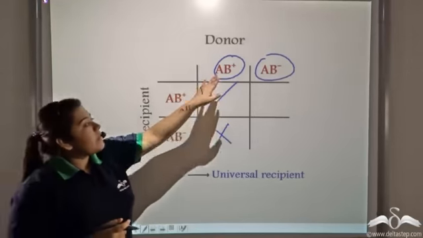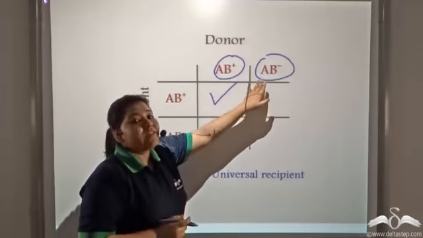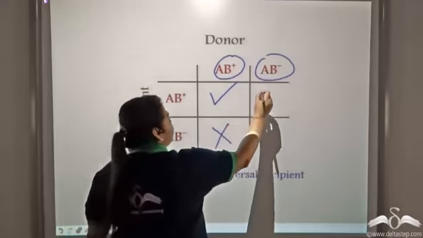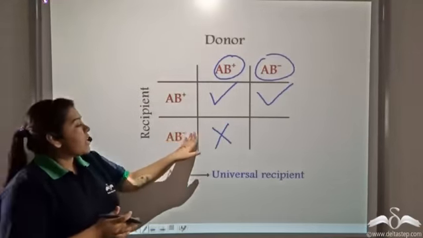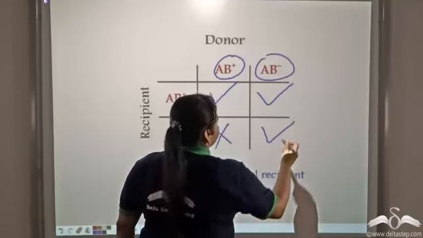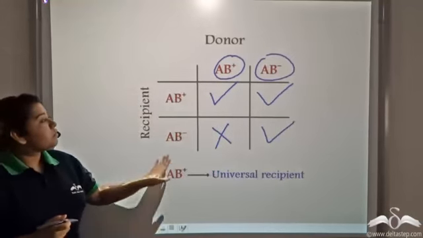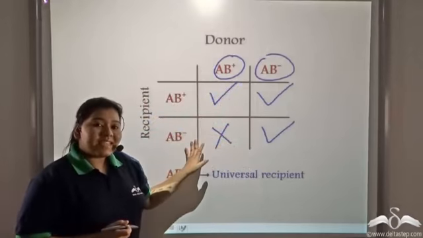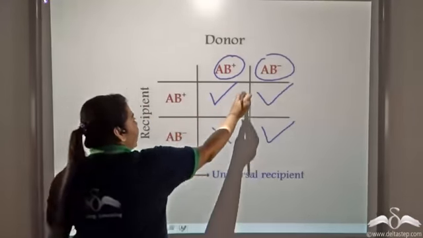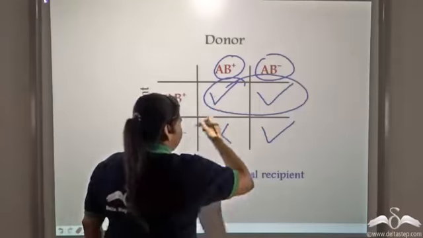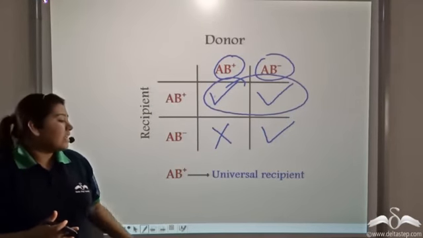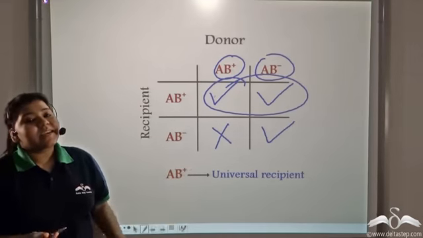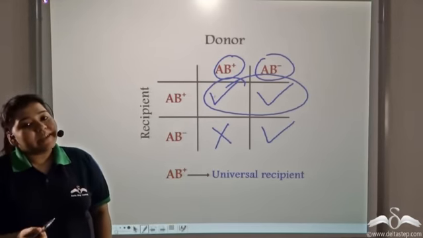Now, an AB negative donor can give his blood to an AB positive recipient, and he can also donate his blood to an AB negative recipient. So from this chart, you can easily find out that AB positive is the universal recipient. That is, a person having AB positive blood group can accept blood from any person.